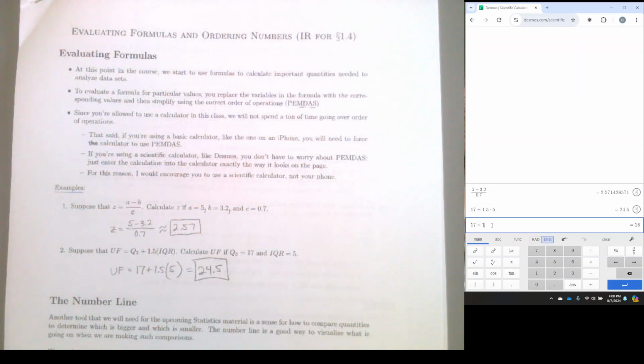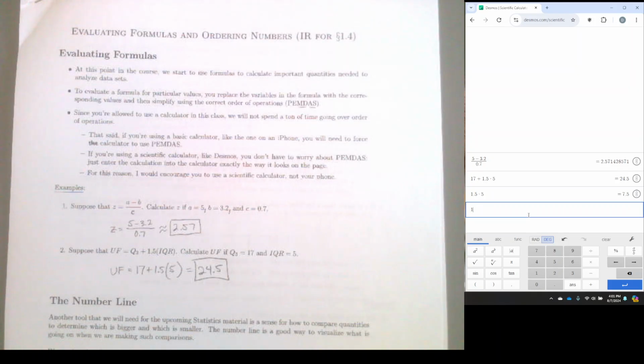So if you want to do this one step at a time, you would actually start with the multiplication, right? 1.5 times 5, and then you would add that to 17. You would say 17 plus your answer, 7.5. And then you can see that you end up with 24.5, just like you should.